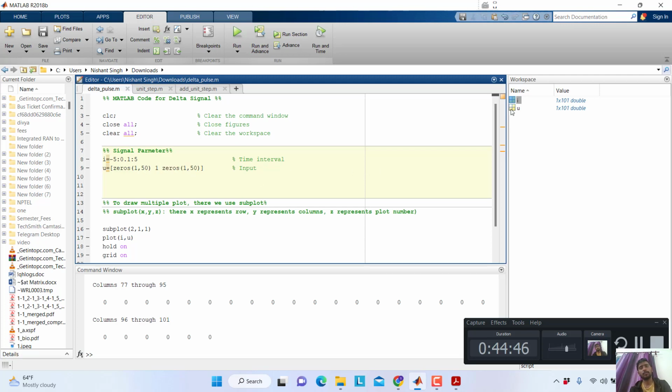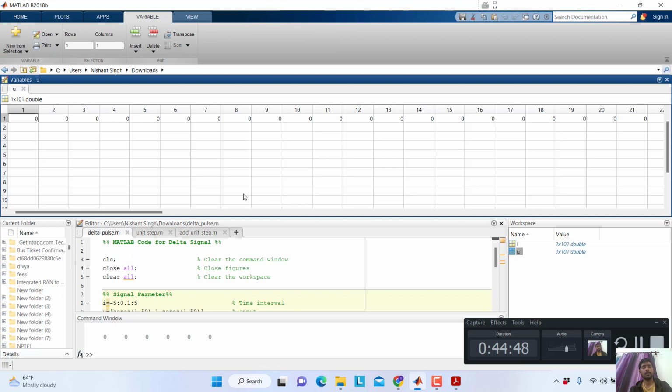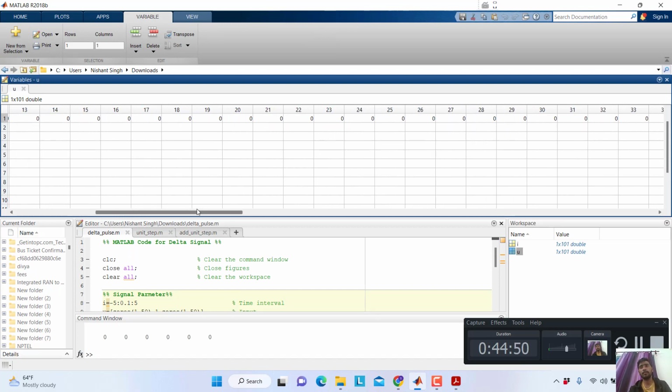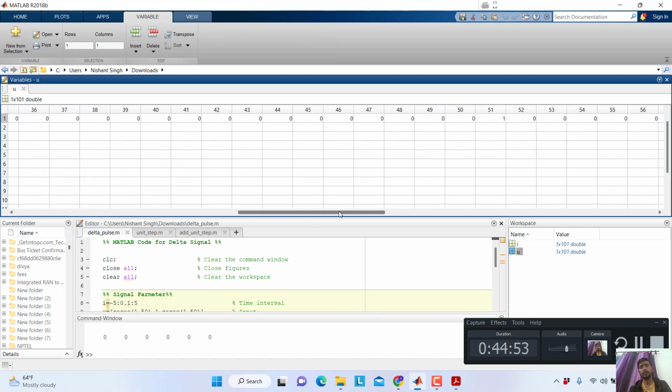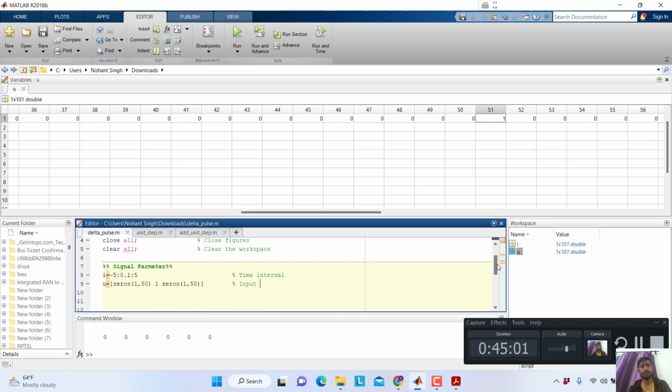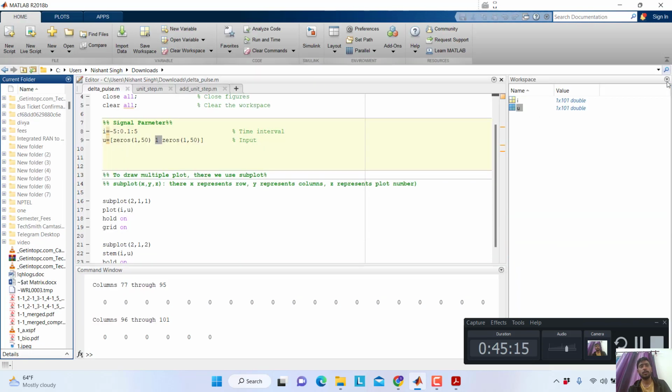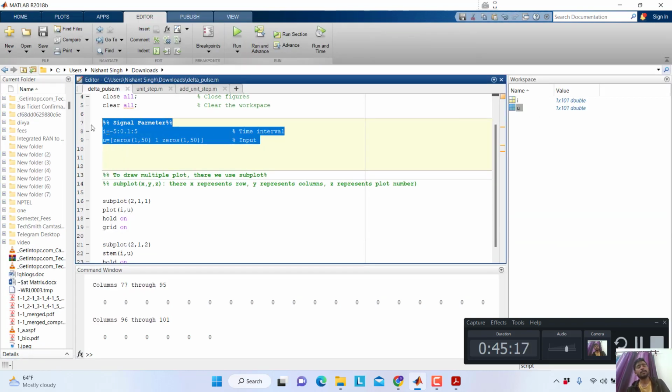So the first 50 values, -5 to 0, will be 0, and at the 51st point, which is 0 here, the value is 1, and from 52 to 101 it will be 0.